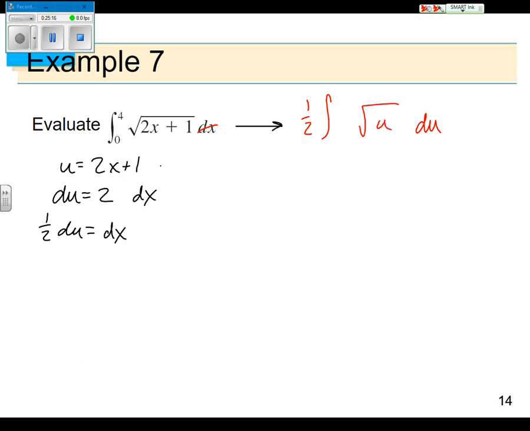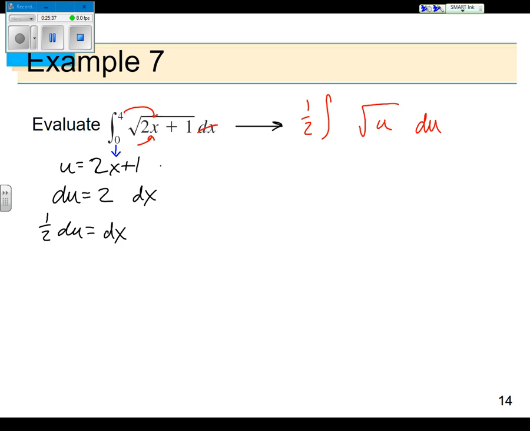So if I'm not going back to the x's, I can't plug in 0 and 4, because that's what it was in terms of x. I need to get it in terms of u. So in order to do that, I'm going to take this 0 right here and plug it in for x.